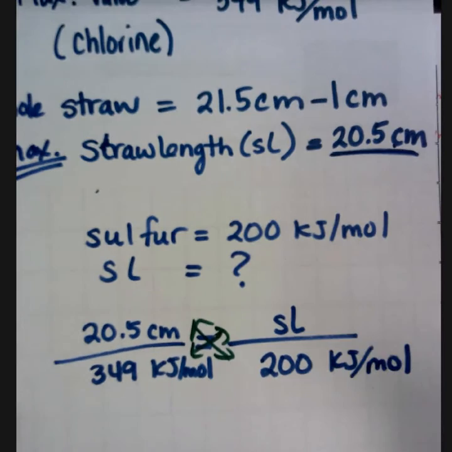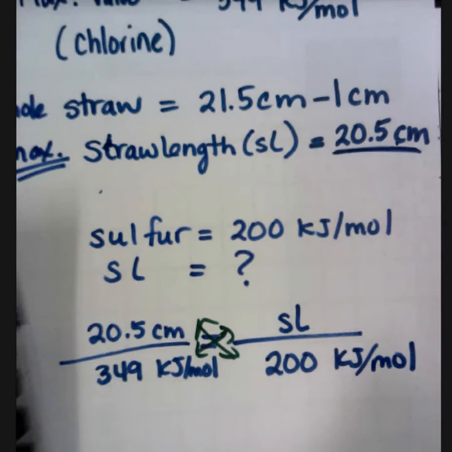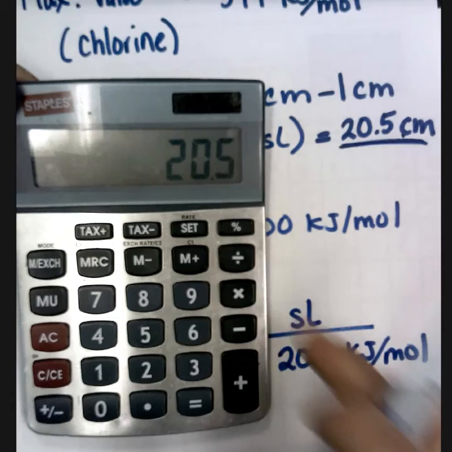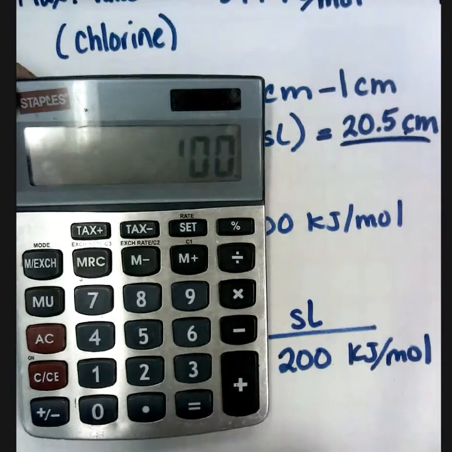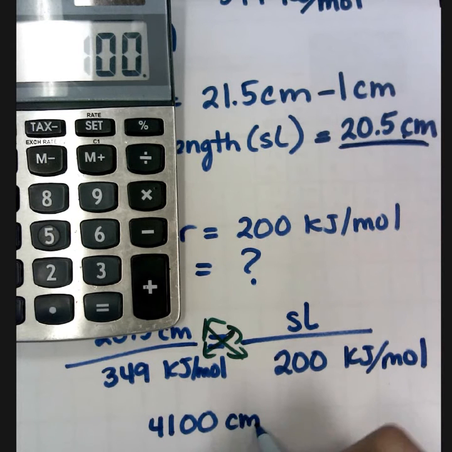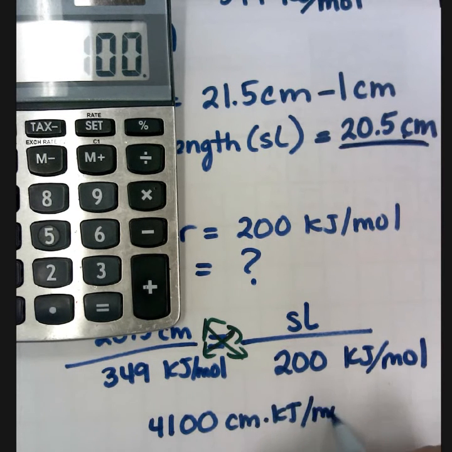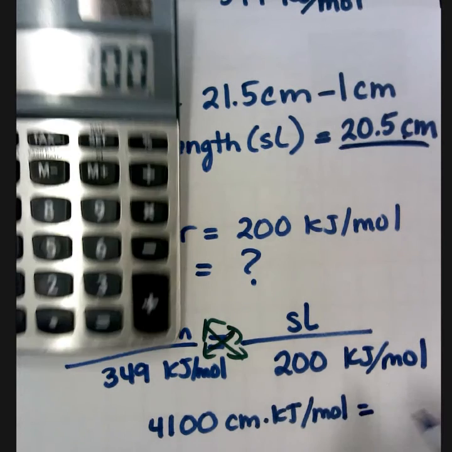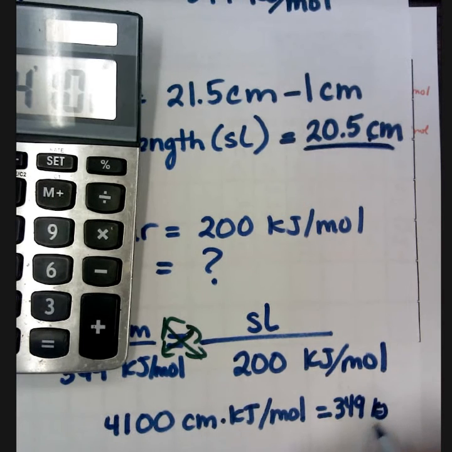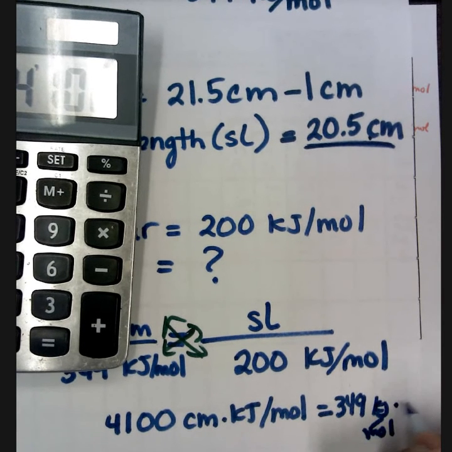So we're going to take 20.5 centimeters times 200 kilojoules per mole, and that equals 349 kilojoules per mole times SL.